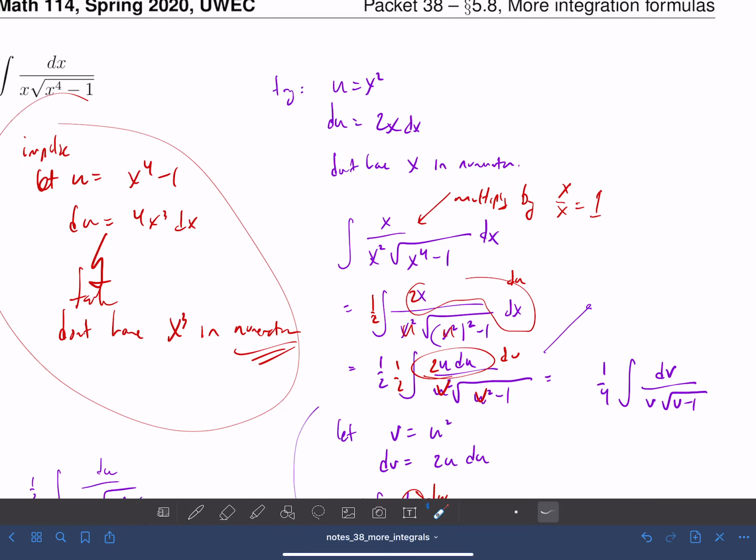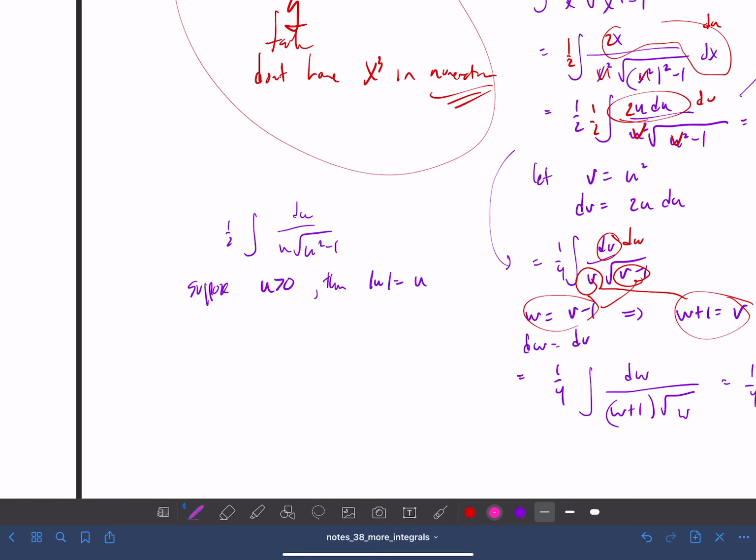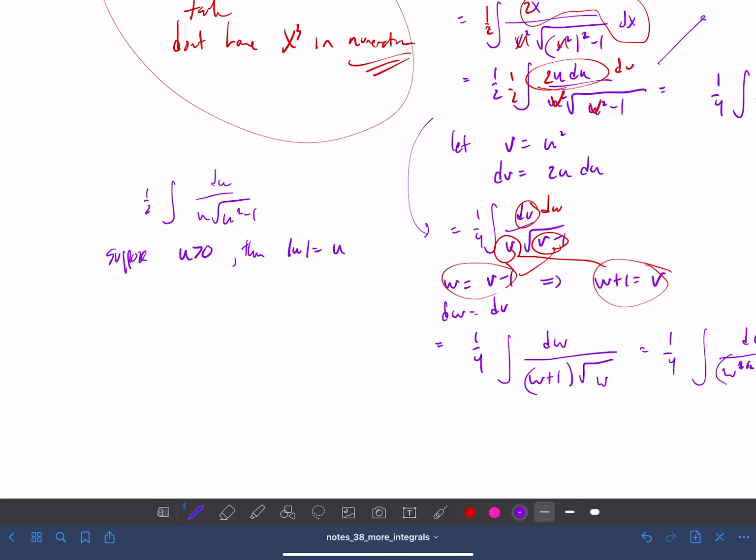So look at this. Where did this substitution go? Look at this action right here. That implies that u is always bigger than or equal to 0. Look, because I have x squared. X squared itself is bigger than or equal to 0 because we're squaring a real number. So the absolute value of u is u. Okay, so this thing is equal to the half of the integral of du over the absolute value of u times the square root of u squared minus 1.